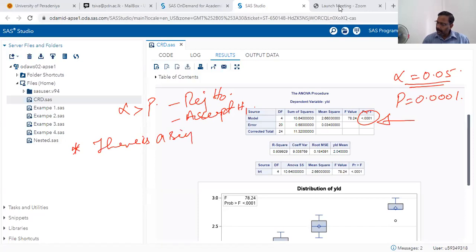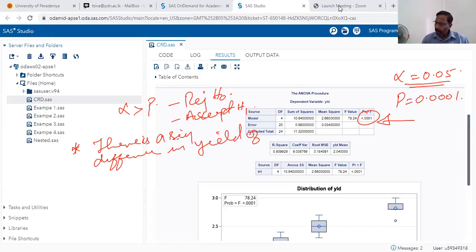significant difference in yield. What is our example, in yield of what? Tomato, so it is your example.